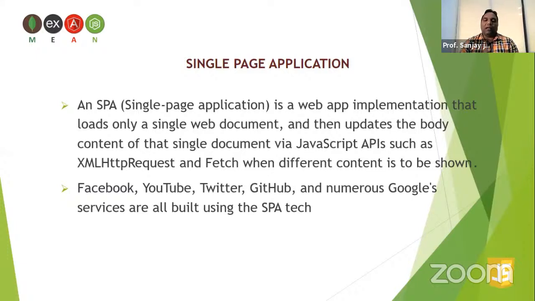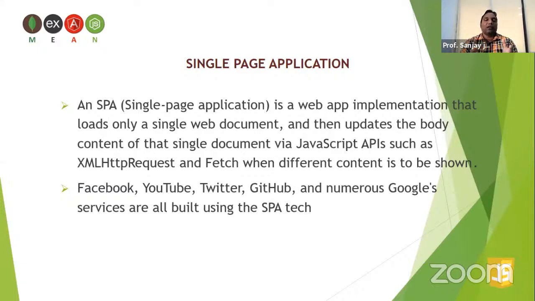So here, instead of creating multiple web pages, we have one single web page or one single document, and whenever we want to access new data, we simply load the content asynchronously. That is, the content of the document is updated. And to update this document, we make use of XMLHttpRequest and fetch. This is called Ajax.